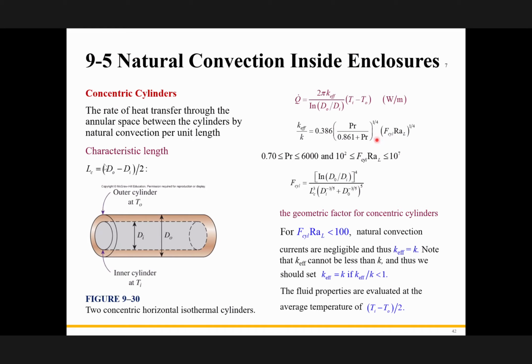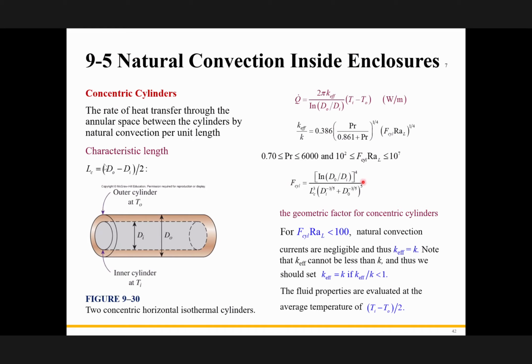Again, look at here. These are trying to apply for different scenarios. Again, this is the equation they use to calculate the K effective, and there is some restriction. Again, it's not really a restriction because it is applied to a wide range of Prandtl number, except liquid mercury and so on, because that Prandtl number is less than 1. And also based on this one here, again, what is F? F is defined as this one.